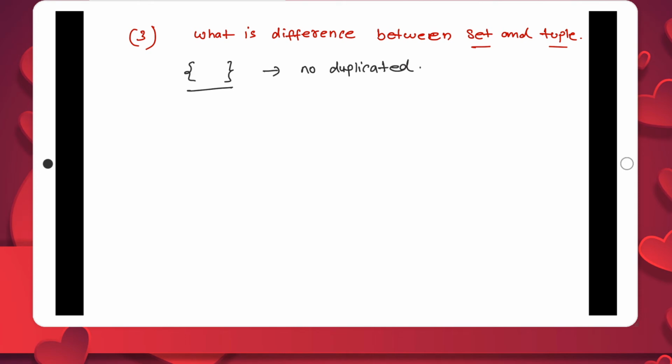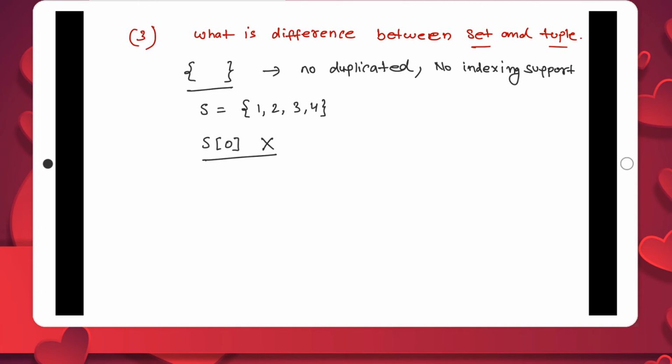And apart from this, in the set there is no indexing support. If I say no indexing support, that means if you have a set like this, 1, 2, 3 and 4, then if you want to access it with some indexing, this is a wrong way to access values from a set.